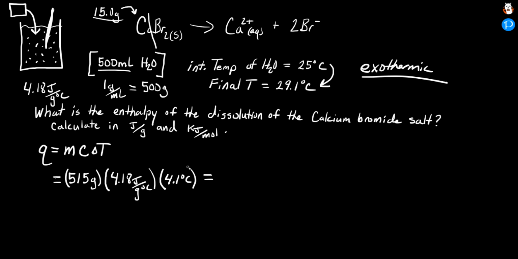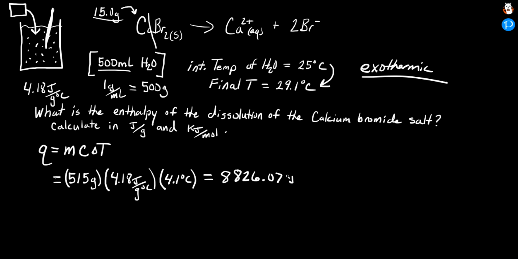So let's plug this into our calculator here and see what we get. So 515 times 4.18 times 4.1. So I get this value here, 8,826.07.